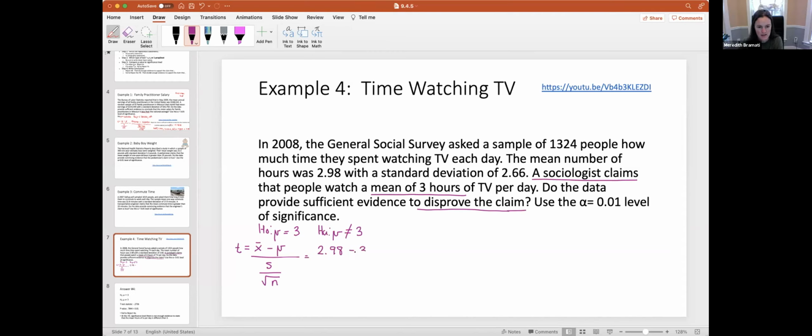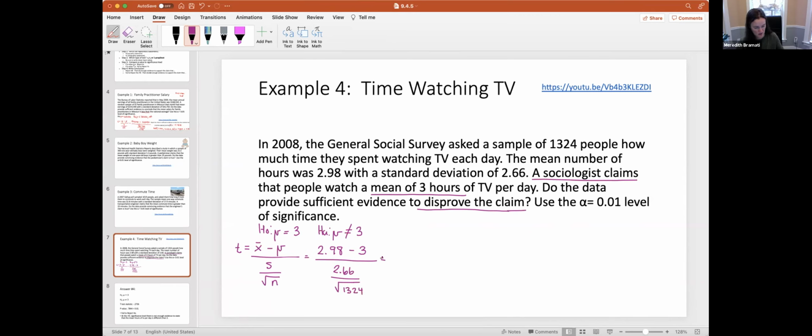Our hypothesized mean is 3. What is our sample standard deviation? 2.66. Yes, 2.66. What is our sample size? 1324. Yeah, a lot of people were asked, right?